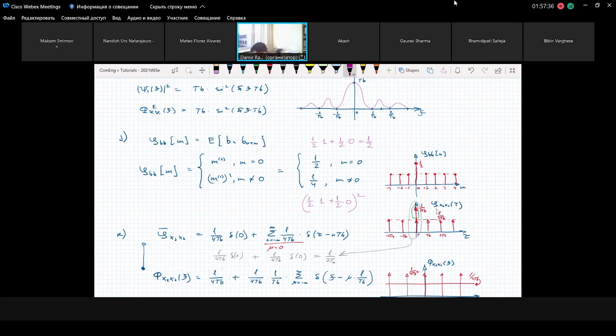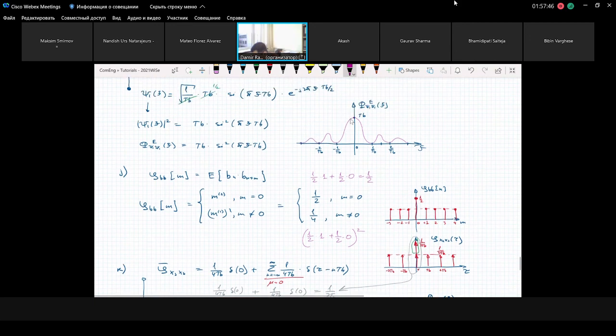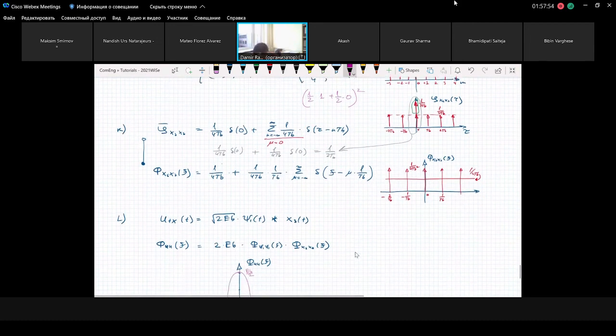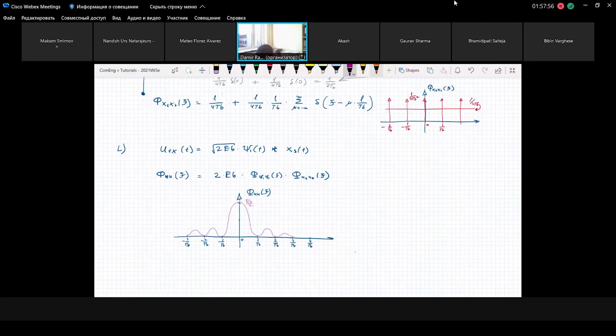And we get only one delta pulse at the origin left after this product. What's the magnitude of this delta pulse? It will be TB times 1/4 TB squared times 2 EB. Besides this chi-square function, we have a delta pulse at the origin with magnitude EB over 2 TB, I believe.